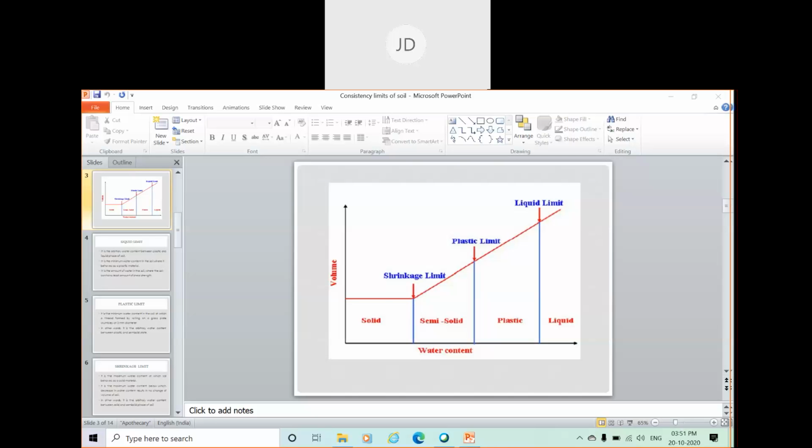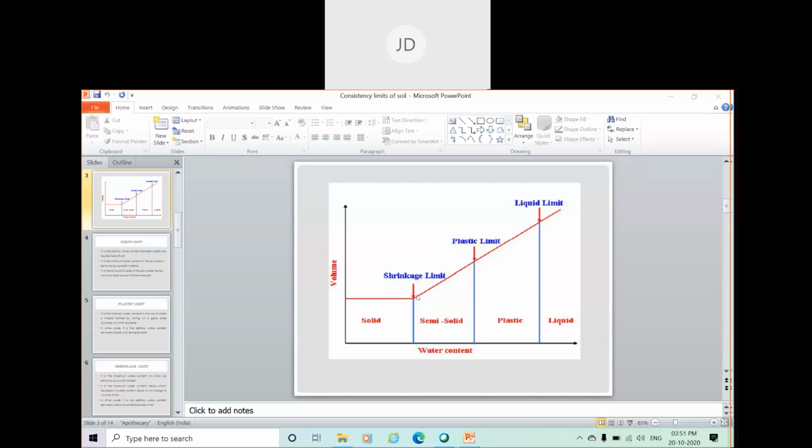Please mark this statement. Listen carefully, I'm again repeating. It is defined as the maximum water content at which a reduction in water content will not cause a decrease in volume of soil mass.